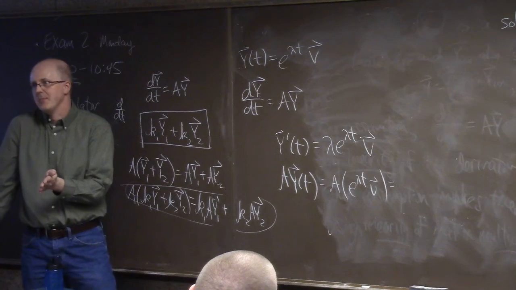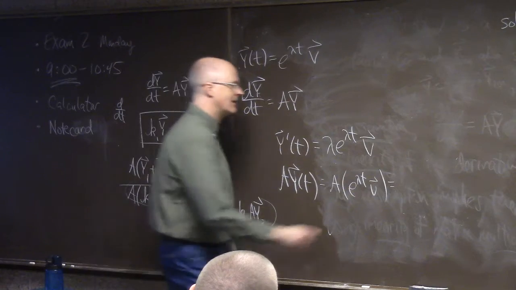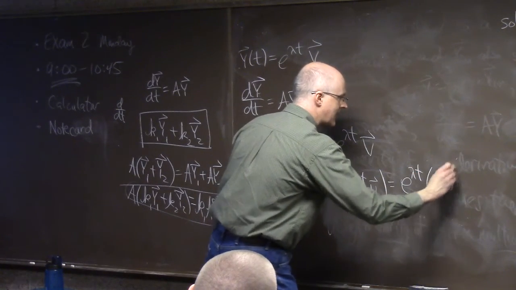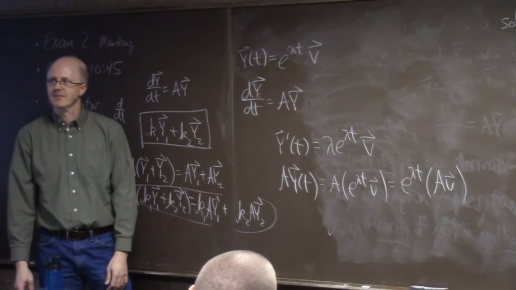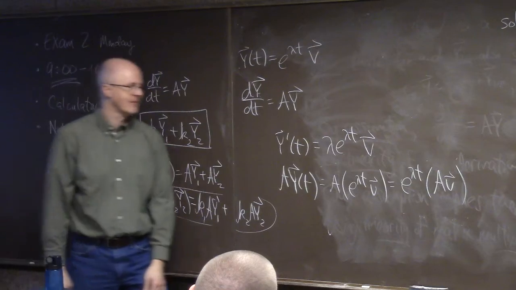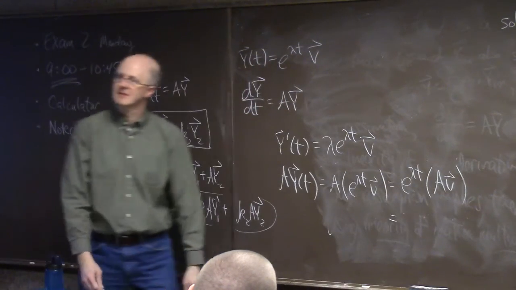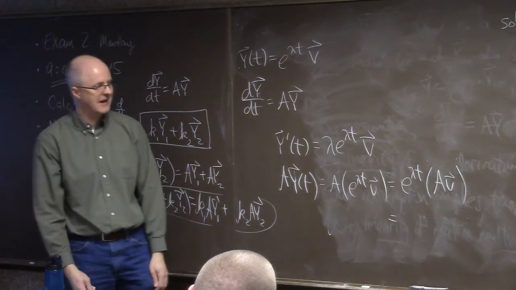That's a linearity property of matrix multiplication, one I've already mentioned. Why is that a good idea? What did we gain out of that? You got a matrix times a vector, and what's special about that vector? It's the eigenvector. It's an eigenvector for A corresponding to the eigenvalue lambda.